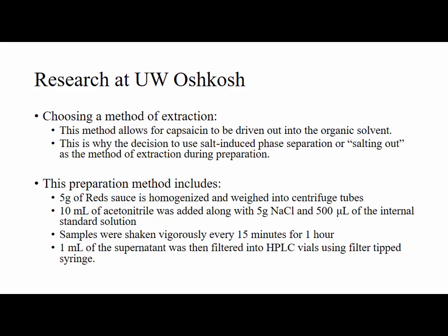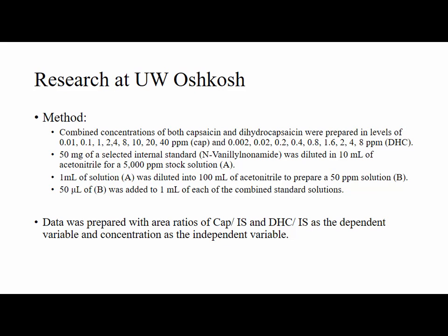This method includes taking 5 grams of Red Hot hot sauce after being homogenized and weighing it into centrifuge tubes. Then 10 mL of acetonitrile was added along with 5 grams of our salt and our internal standard solution. The samples were then shaken vigorously by hand every 15 minutes for 1 hour, and 1 mL of the supernatant was then filtered into HPLC vials using a filter tip syringe.